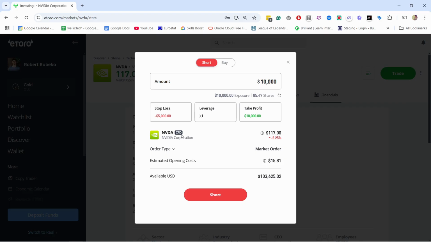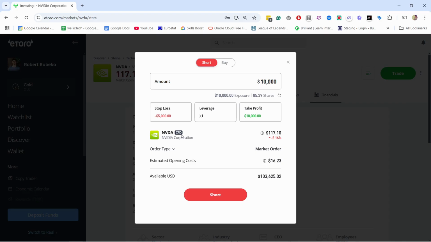However, odds of that happening are quite low. However, the downside is limitless. So this NVIDIA stock could go tomorrow to double the price and then you've lost all your money. It could also triple in price. And in that case, you would still just lose your money and eToro closes the trade before you owe extra money to eToro. So don't worry about that.